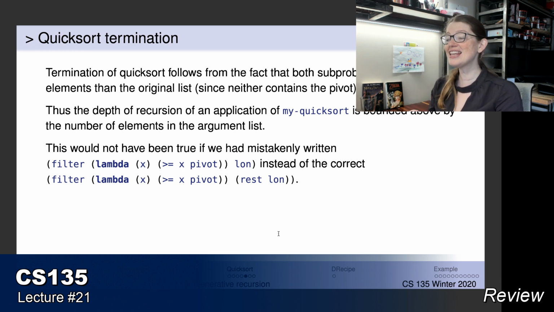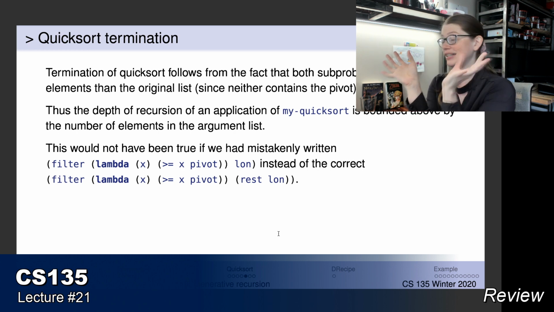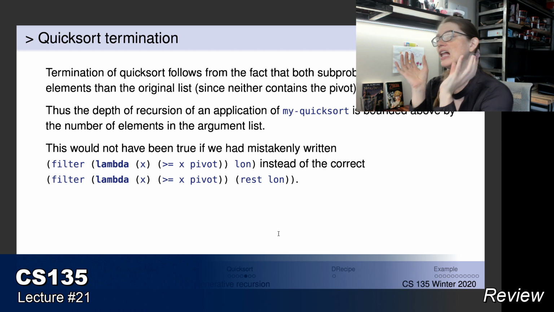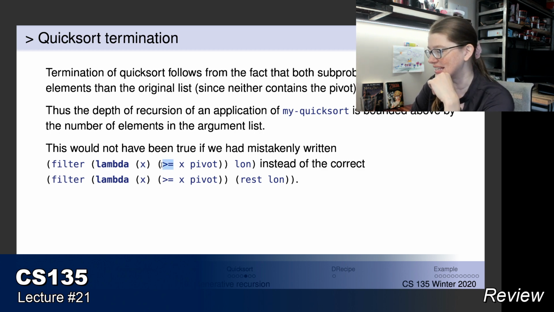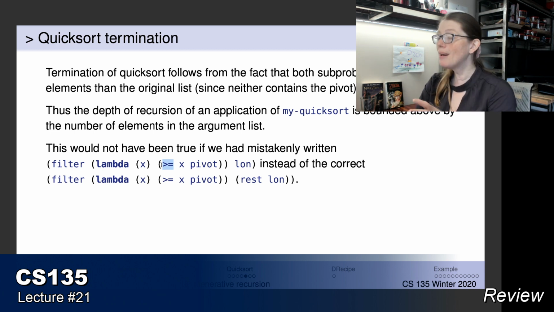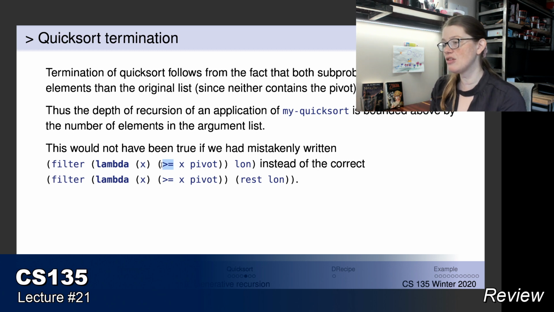But if we accidentally subdivided our lists using less than or equal to the pivot instead of less than, we would actually end up with infinite recursion. And the reason for that is we wouldn't be removing the pivot from the list.